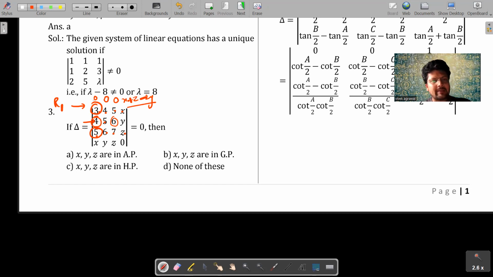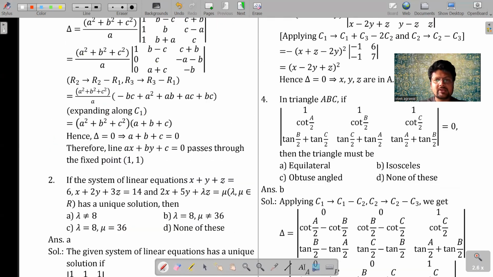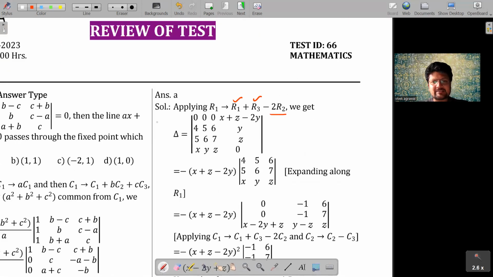Now you got this 0, this 0, this 0. So you have to expand along x plus z minus 2y. After expanding along x plus z minus 2y, you will have this determinant left. The first element has a plus sign, then minus, then plus, and this one has a minus sign.